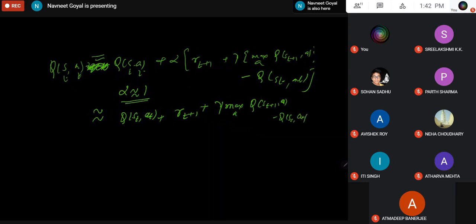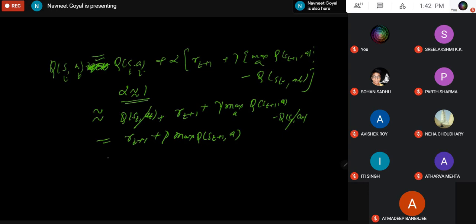All right. So now what happens? This gets cancelled with this, and this is equal to R(t+1) plus gamma times max Q(S(t+1), A), right?